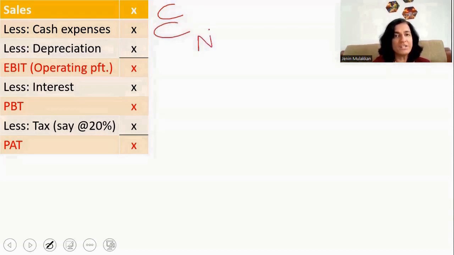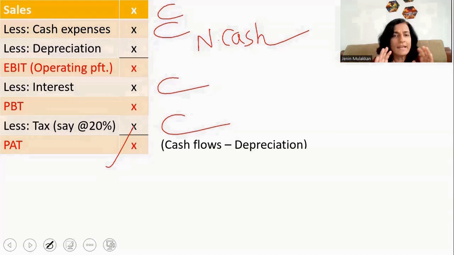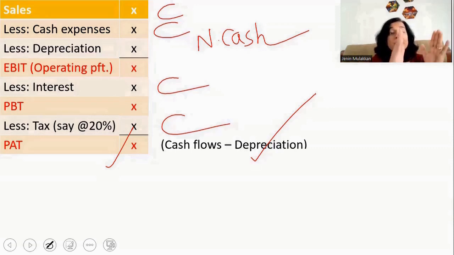Now, depreciation is a non-cash expenditure, and interest, assuming this is also cash basis, and tax paid, this is also cash basis, which means that the profit after tax is actually the net cash flows minus the depreciation, because depreciation is the only non-cash item in this statement.